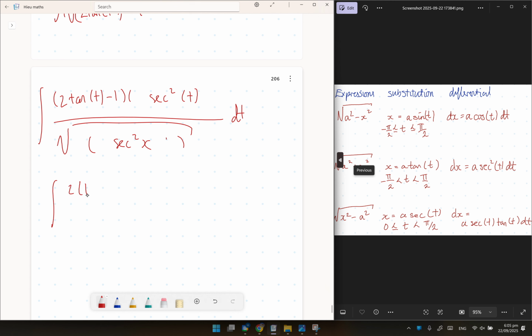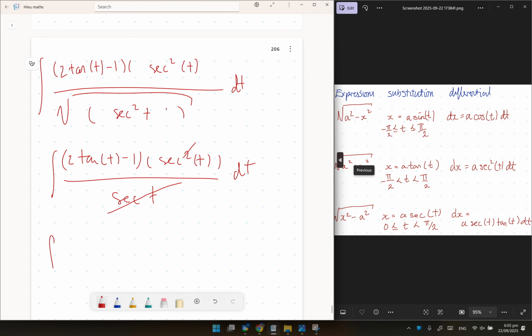So now we have (2 tan t plus 1) multiplied by sec squared t, all over sec squared t. Sec squared t gets square rooted into just sec t, and this one cancels out with this one.